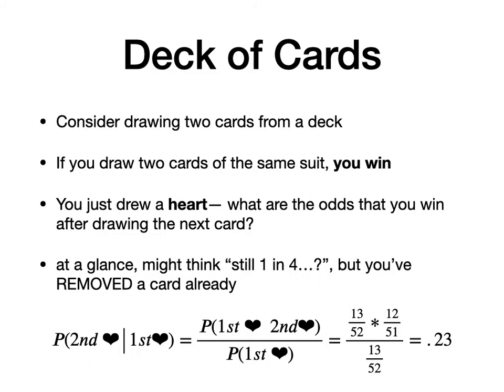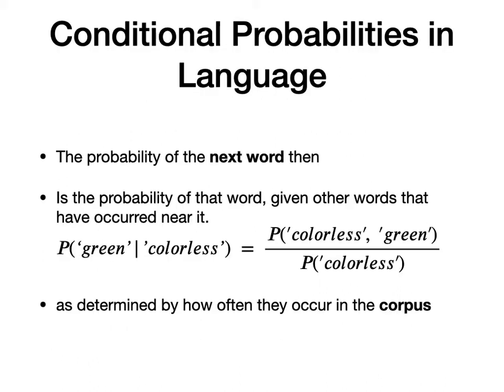So I hope this can make sense of how we might use this in language. The probability of the next word is going to be the probability of that word given other words that have occurred near it. So for example, the probability of green given colorless is going to be colorless and green over just colorless, right?